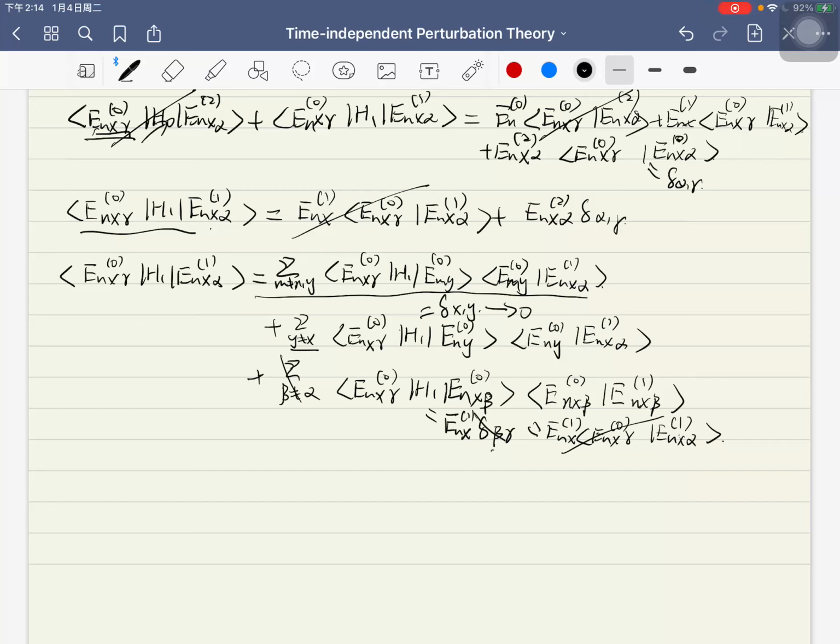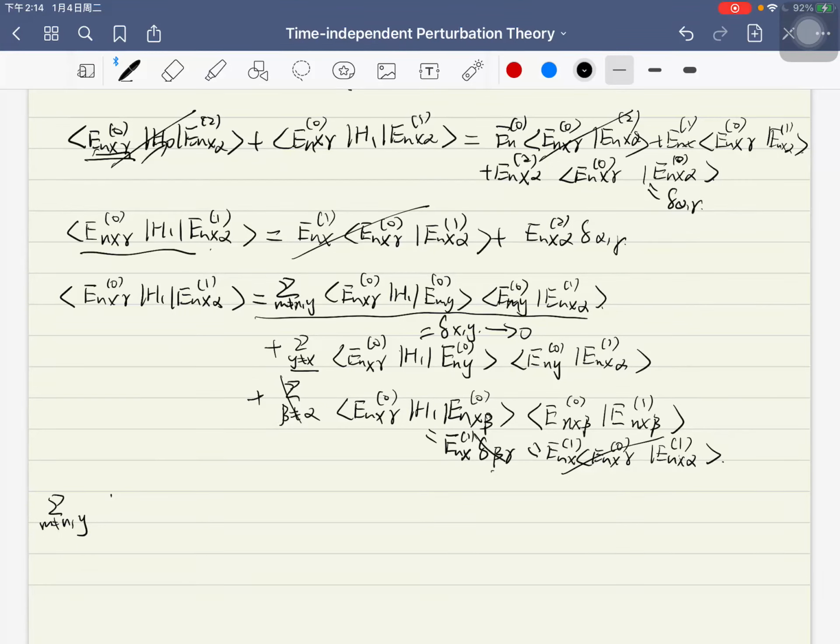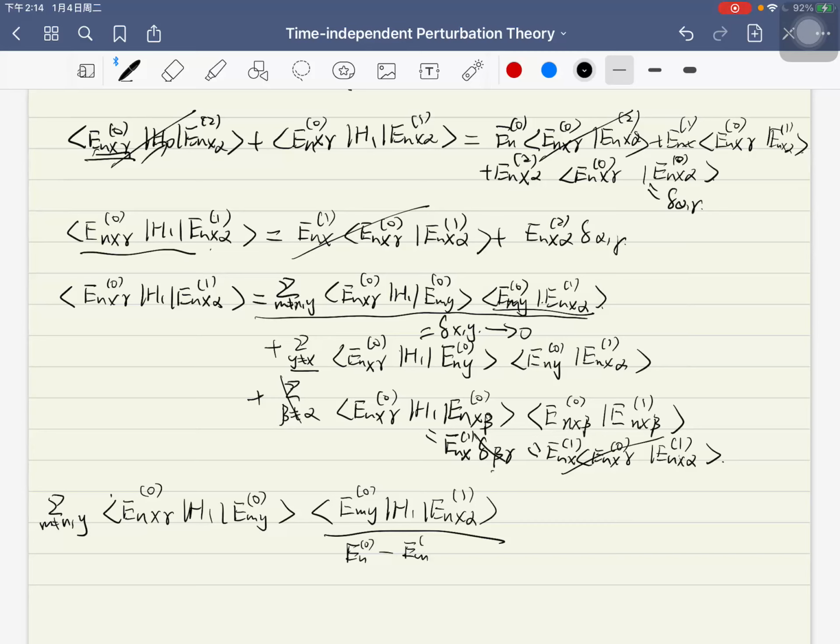So we have the sum over m not equal to n y, E n x gamma 0, E m y 0. This term has been calculated from the first order perturbation, equals E m y 0 1 E n x m0, equals E n x alpha 2 delta alpha gamma.